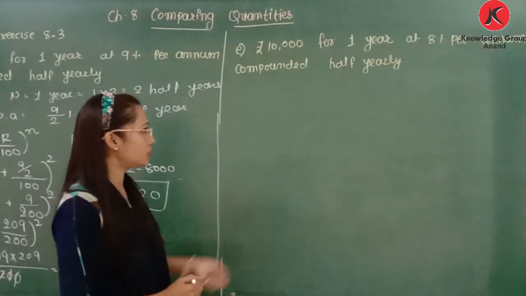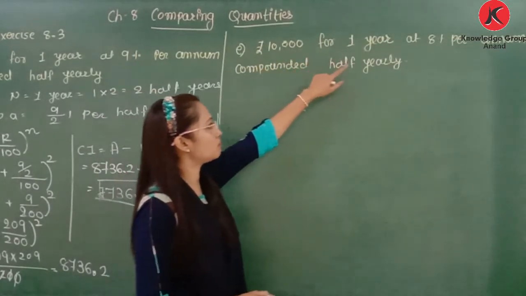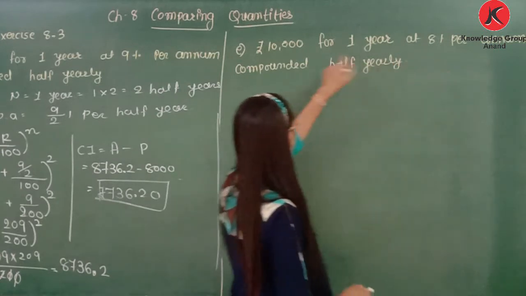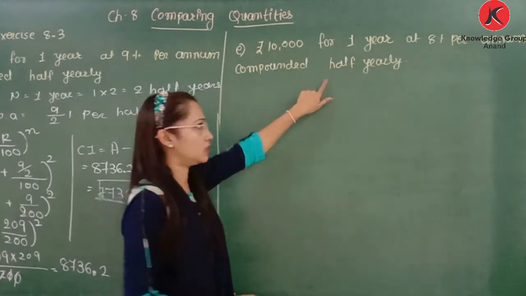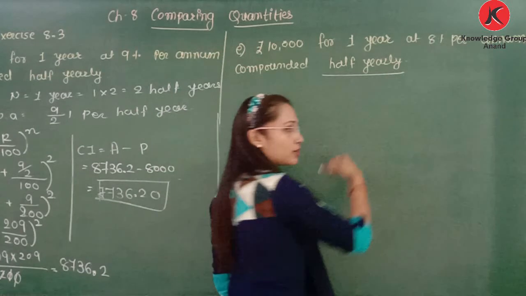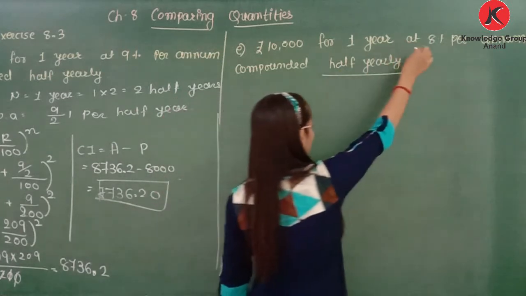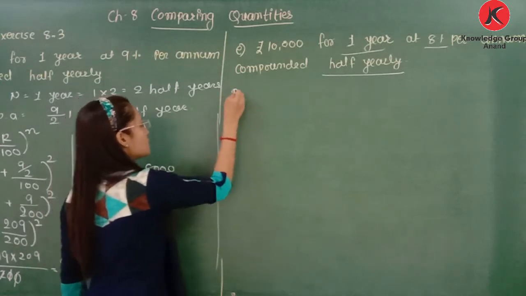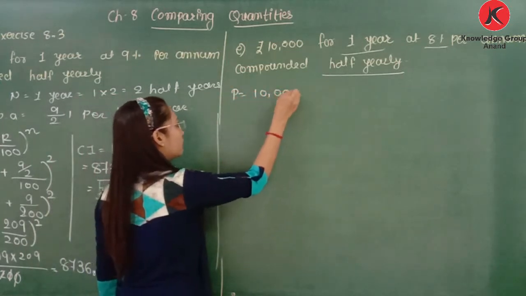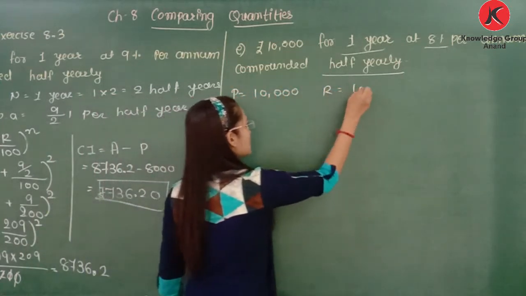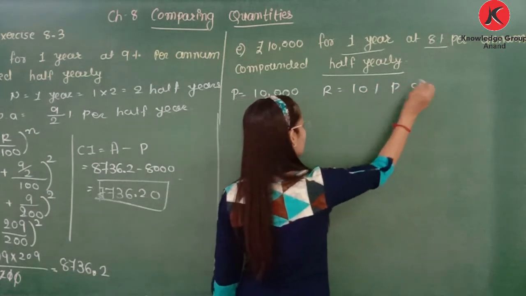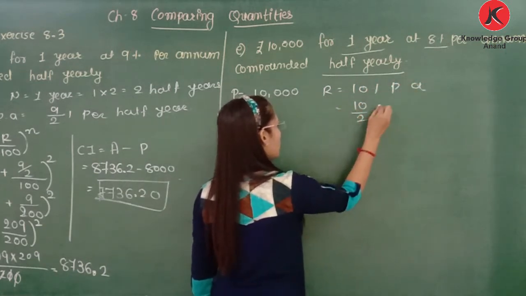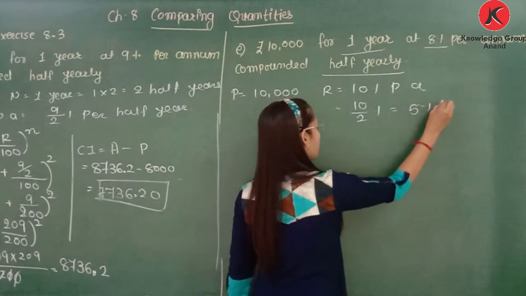Now next example: rupees 10,000 for 1 year at 8% per annum compounded half yearly. Again it is compounded half yearly, so our rate of interest will be divided by 2 and N will be multiplied by 2. So principal value is 10,000. Rate of interest is 10% per annum, so it is 10 by 2%, that is 5% per half year.